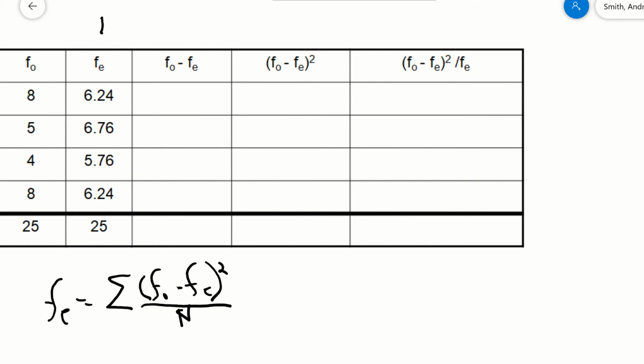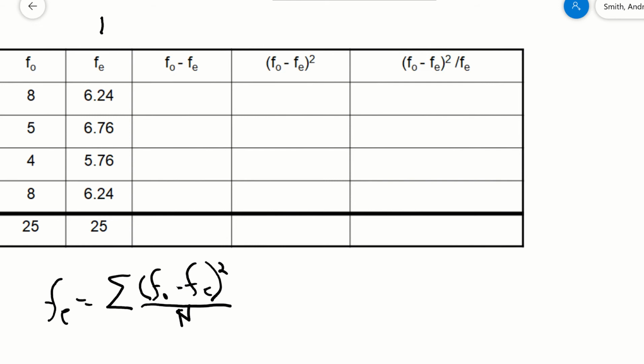So let's just call this step 1, right? So that was the first thing we did. Our F observed is always just what we were given. So we were given these in the table, 8, 5, 4, and 8, right? That's our F observed. The second thing we have to do is subtract our F expected from our F observed, right? So we simply subtract 6.24 from our F observed, which is 8.